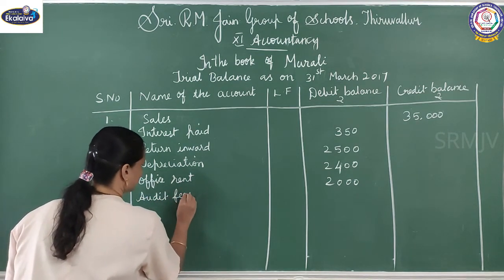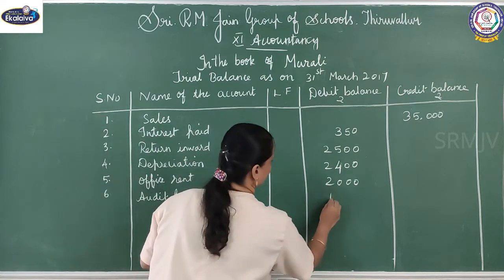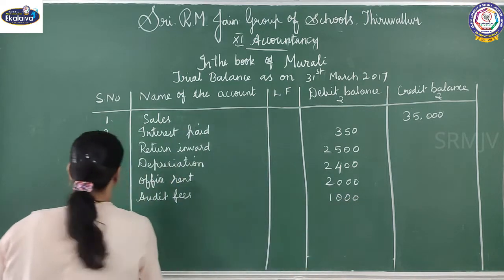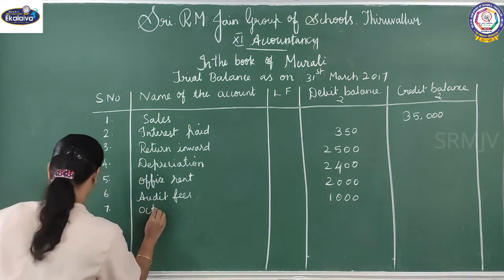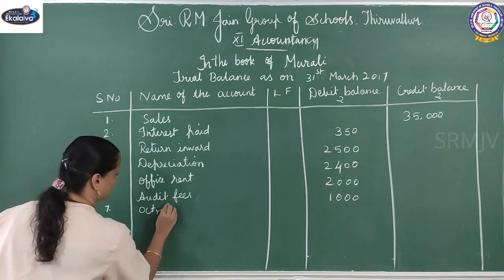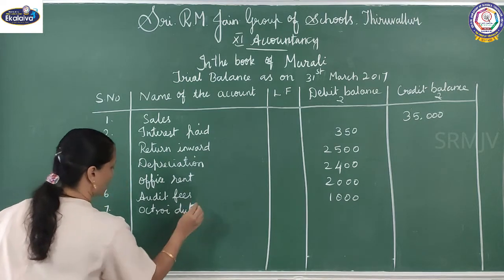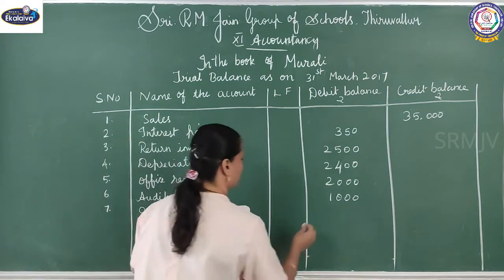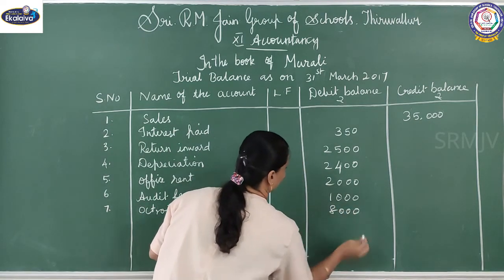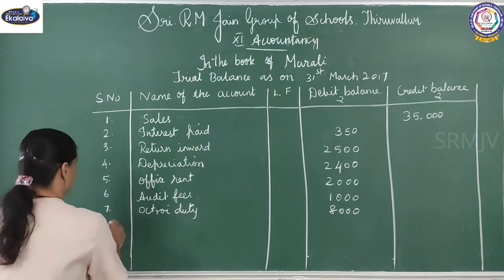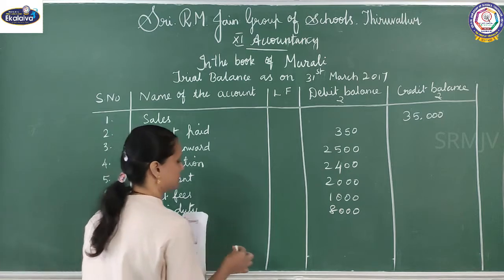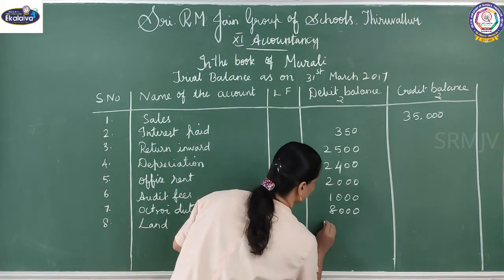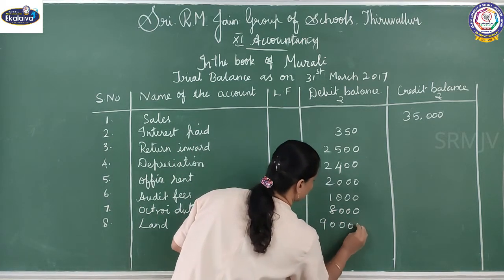Audit fees, octroi duty 8,000, land is an asset, so I am writing in the debit side.